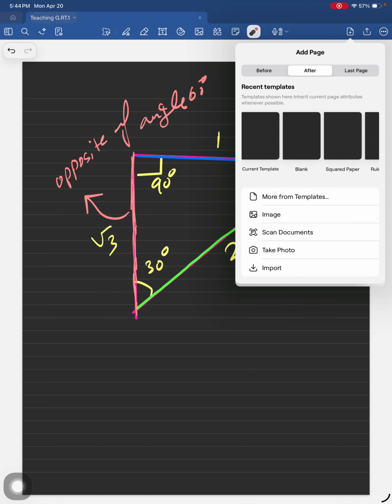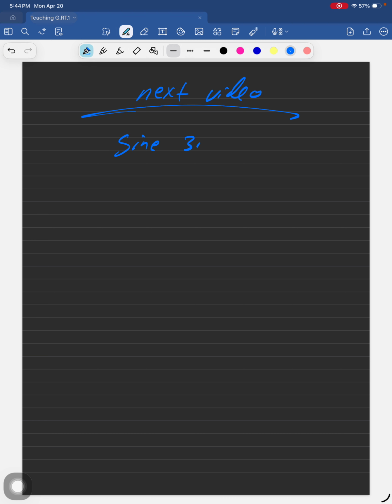The last thing I will talk about in the next video. In the next video, I will talk about the sine of 30 and the cosine of 30 and the tangent of 30.